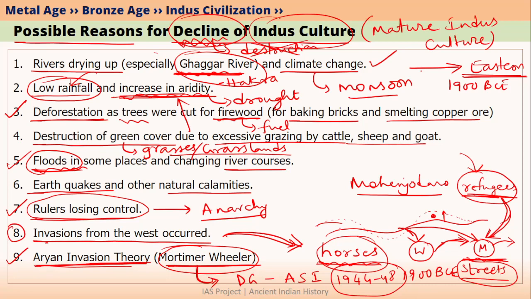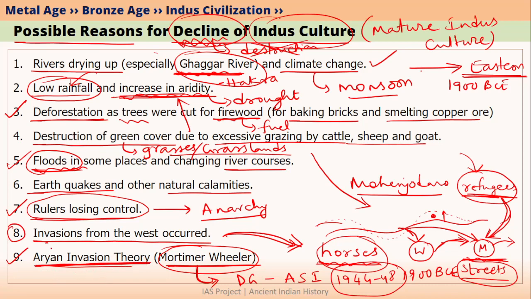He said that Harappan cities mainly declined because Aryan people came from Central Asia and then they started to attack Harappan cities. Eventually, these Aryans settled in the areas which were previously belonging to Harappan people. Please note that this theory is a little bit controversial. So there are many scientists who actually oppose this theory.